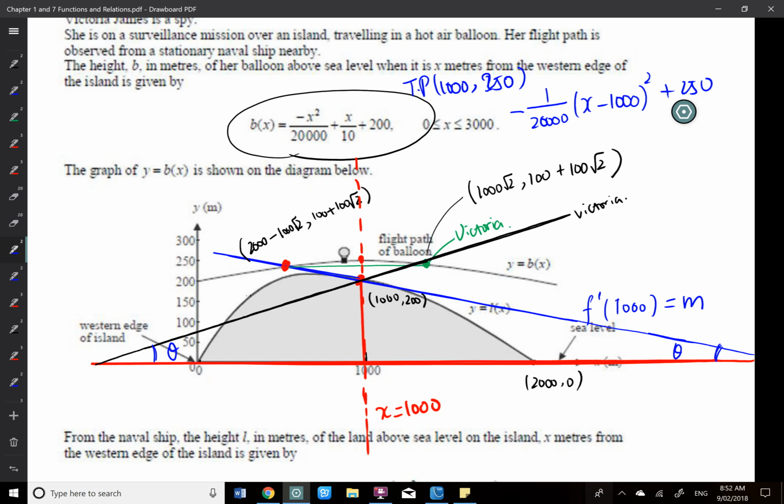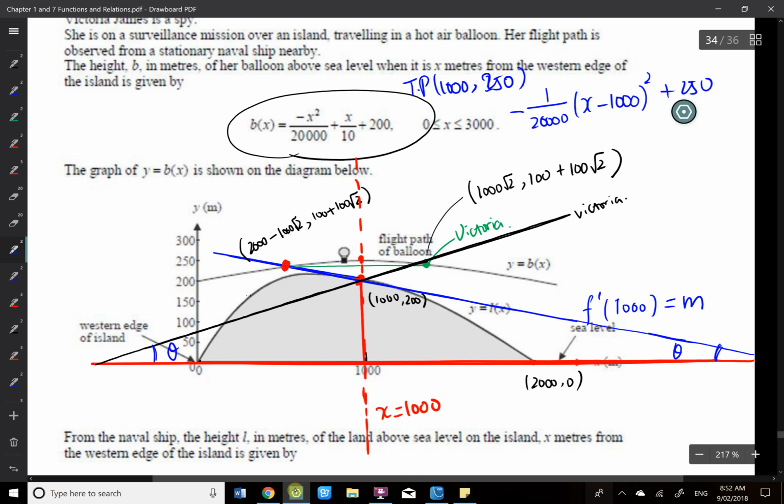So do you remember what's the equation for the blue line? Do you know we found it before? Yeah, what's the equation for that? Negative 1 over 10x. So the blue line has y equals negative 1 over 10x plus 300.